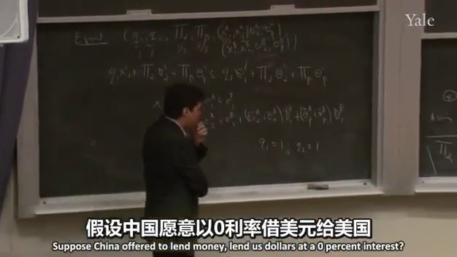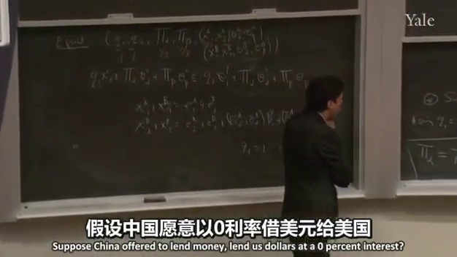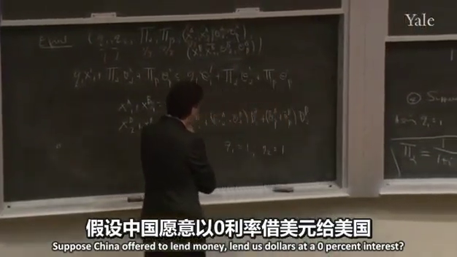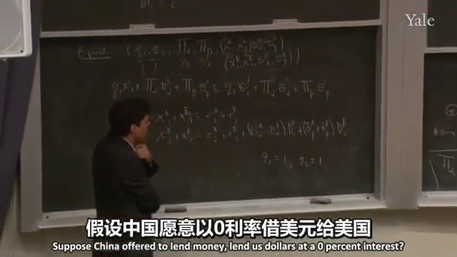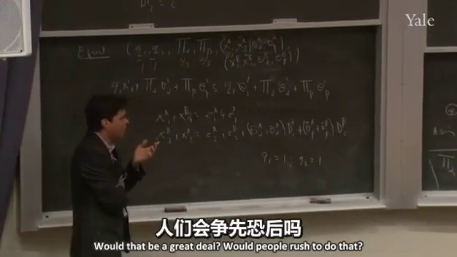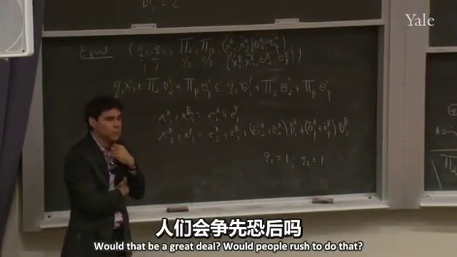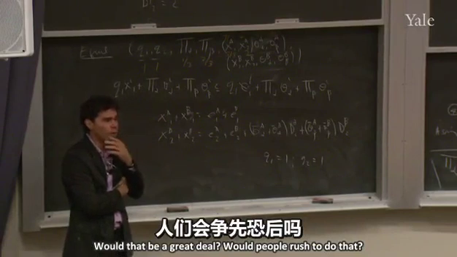Suppose China offered to lend us dollars at a 0% interest. Would that be a great deal? Would people rush to do that?